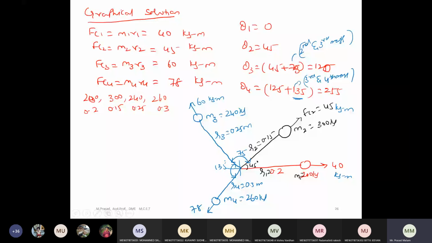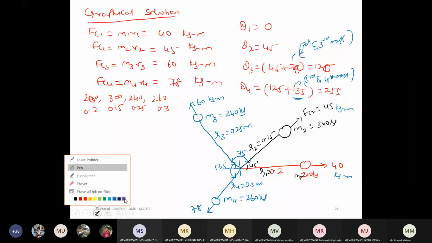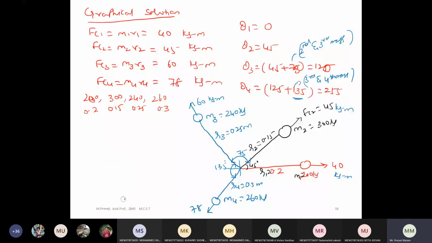Now for this problem, these four are the unbalanced masses. These four masses are to be balanced with the help of one balancing mass. I don't know where the balancing mass will come, but they have given the radius of rotation R. So randomly I'm keeping it somewhere else here.